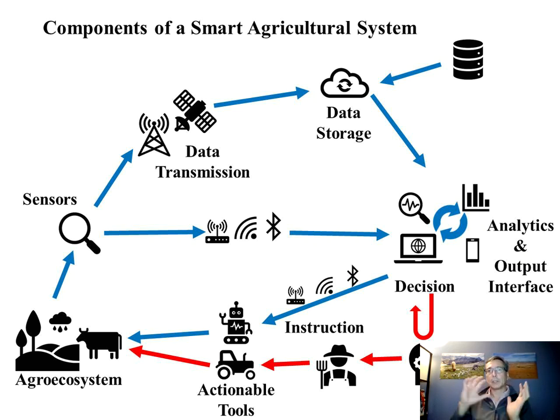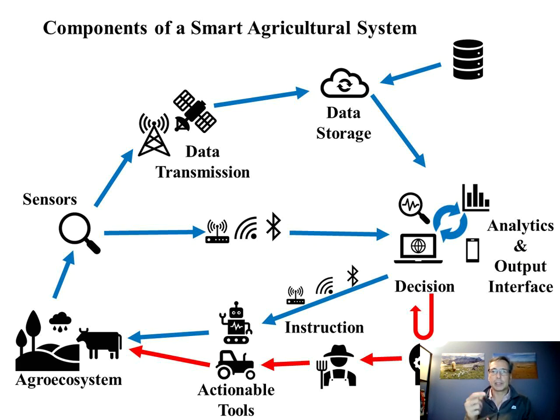And that data might be transferred and stored in the internet, so in cloud-based storage systems, and that storage might be meshed with other data that's coming in from other sources that's bringing in a more comprehensive understanding of what's going on and feeding all of that into your analytical software. So for example, you might be detecting something going on in your field and might be coupled with other data sources, say weather data, and then all of that information gets fed to your analytical software that makes a decision or recommendation.